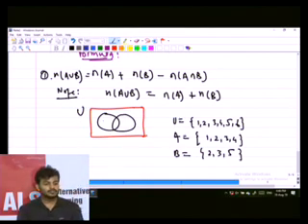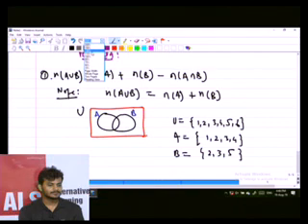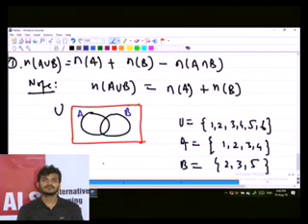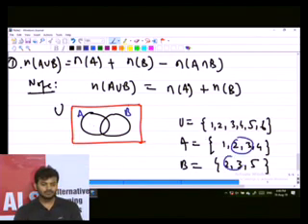Clear? So what is A now? Here is A, here is B. Can you see this clearly? Yes. Let me zoom it a little. Okay. So what is A? 1, 2, 3, 4. And as you can see, 2 and 3 are the common elements in both. So I would say 1 and this is 4.